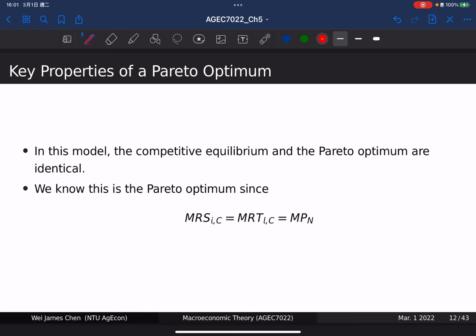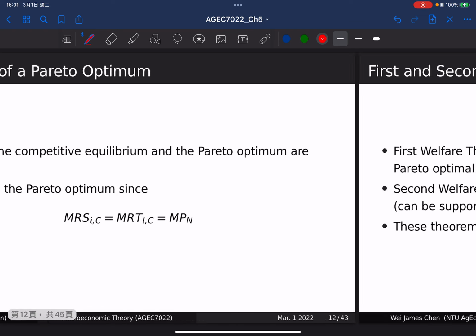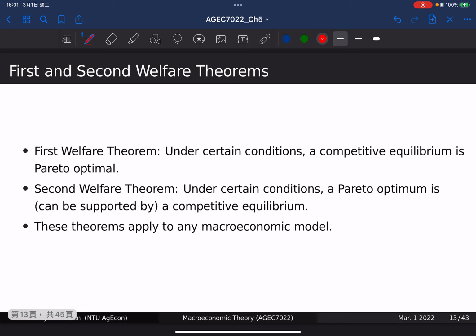Okay, so like I said, in this model, the CE and PO are identical. This is the first and second welfare theorem. Actually, these theorems apply to any macroeconomic model, not just this model, as long as there's no distorting tax.